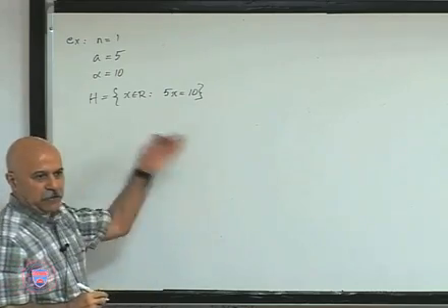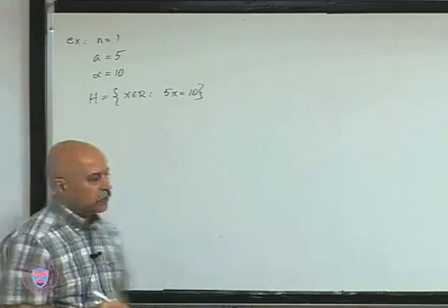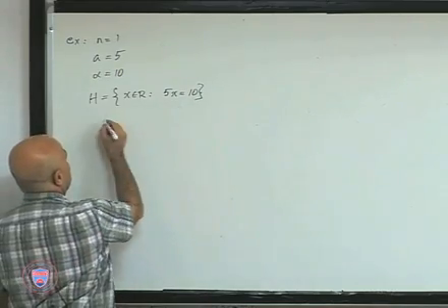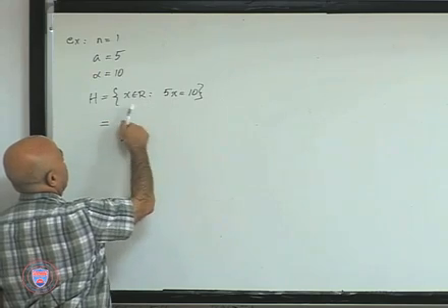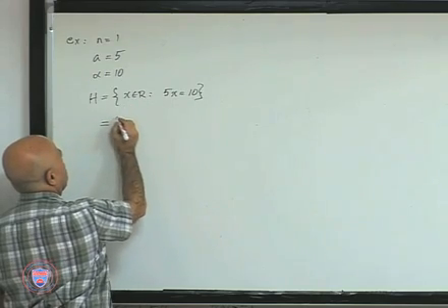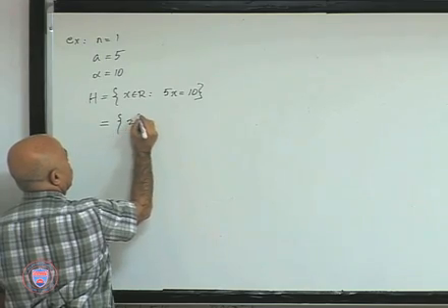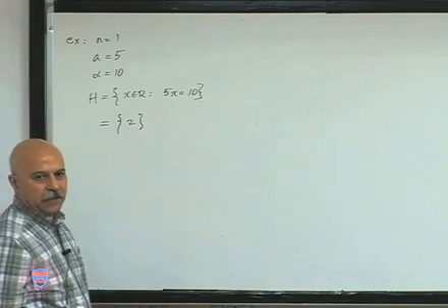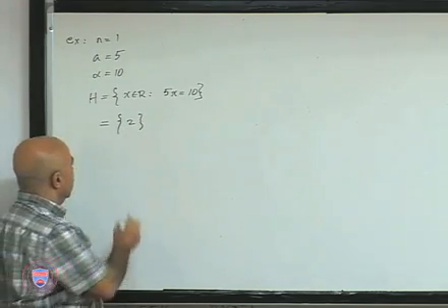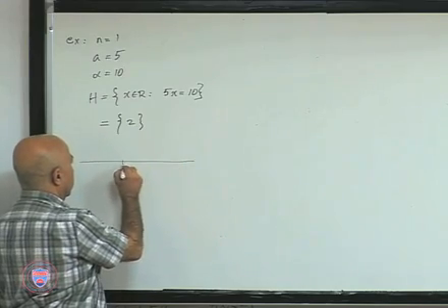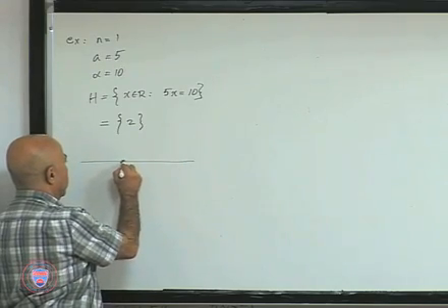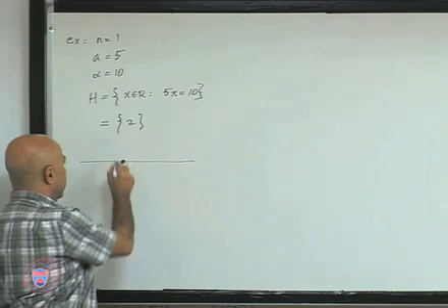If you just write down the definition, this is the way the set is defined, which is of course nothing but the point 2. It's just a single number. That's your hyperplane.